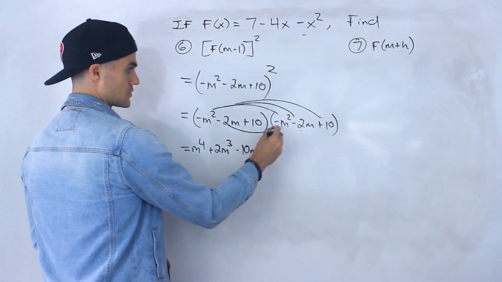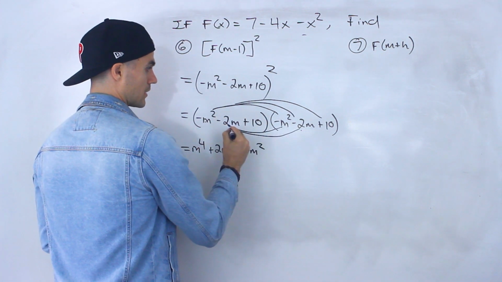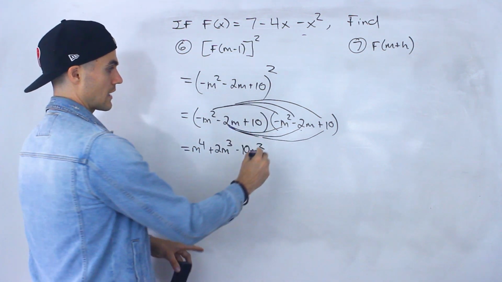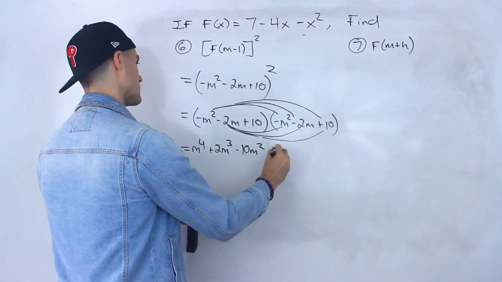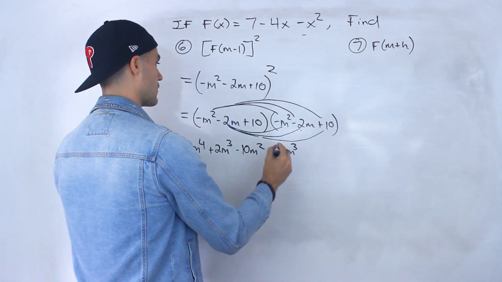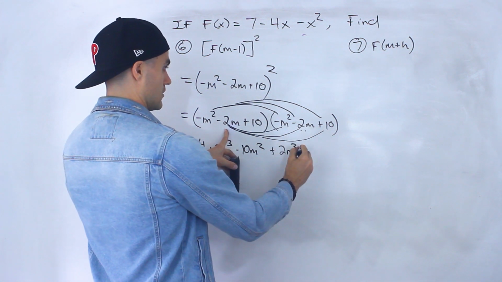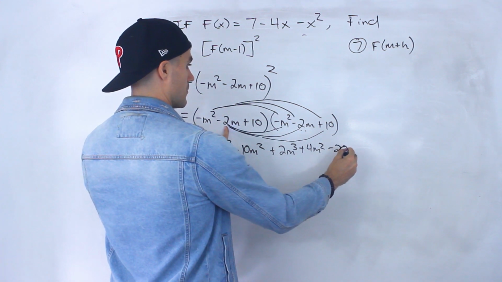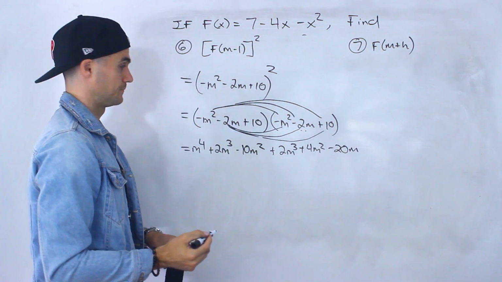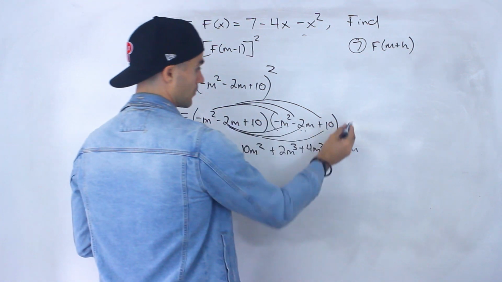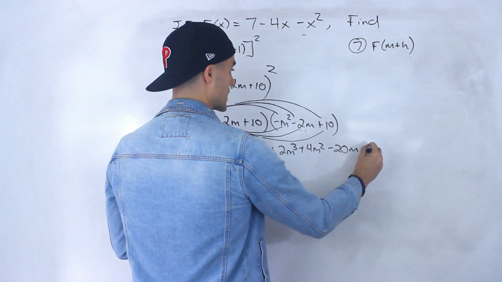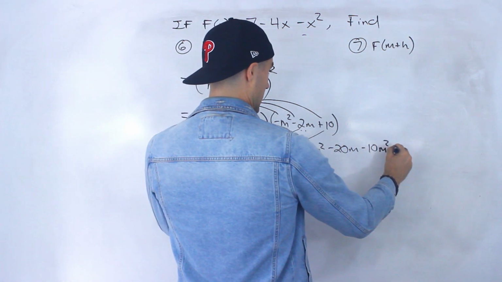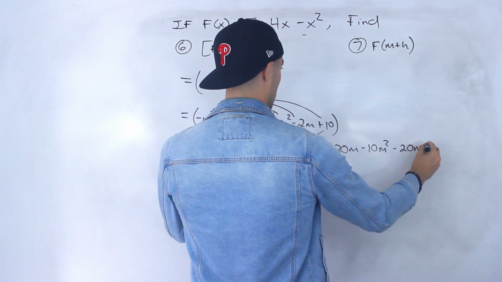Then we'll have negative 2m multiplied by all of these. So negative 2m times negative m squared gives us positive 2m to the 3. Be careful with your algebra here. Plus 4m squared, minus 20m. And then we've got to take this 10 and multiply it by all these. So we'd have negative 10m squared, minus 20m plus 100.